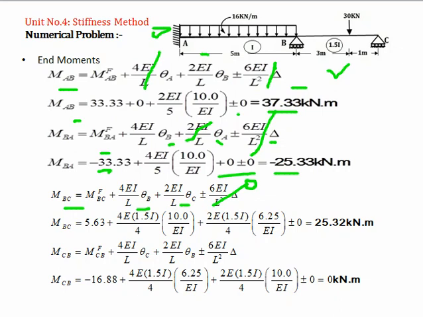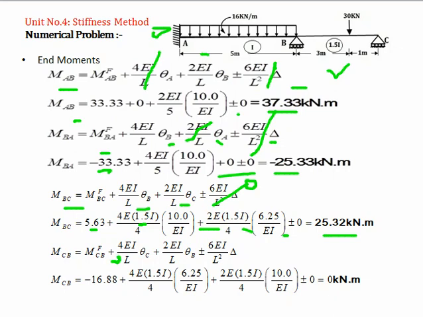So putting the values, MFBC is 5.63. Now moment of inertia is 1.5 for span BC. So 4 into E into 1.5 I divided by 4 into 10 divided by EI plus 2E into 1.5 I divided by 4 into theta C, 6.25 divided by EI, plus minus 0. So we will get 25.32 kilonewton meter.